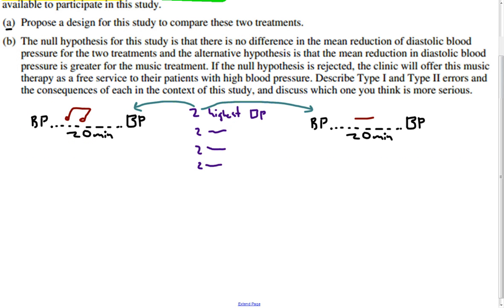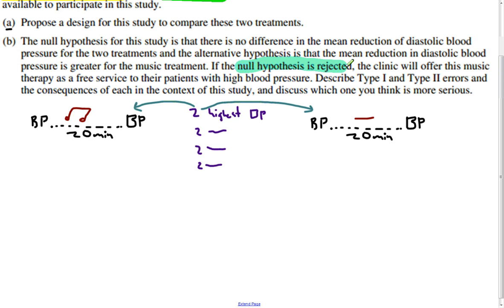The second part of this problem looks at the types of errors that can happen. In this problem, it says the null hypothesis is that there's no difference. And if the null is rejected for the alternative, which means that the music treatment is better, the music treatment has a greater decrease in blood pressure.